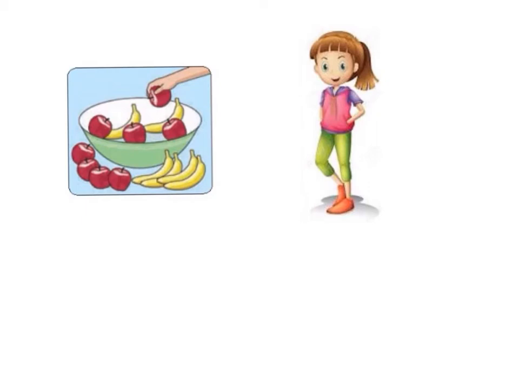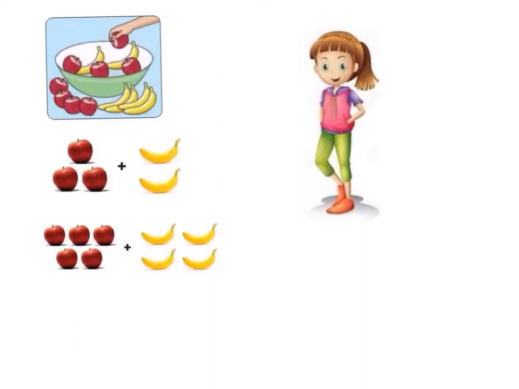She went back home and she wanted to put all her fruit in the fruit bowl. But in the fruit bowl, she had a few apples and a few bananas already. She had 3 apples and 2 bananas, and she bought 5 apples and 4 bananas.